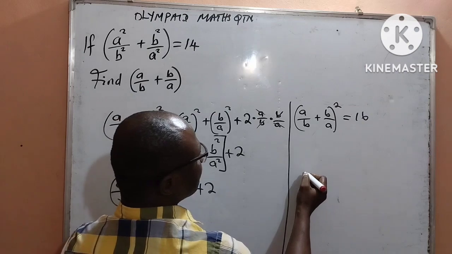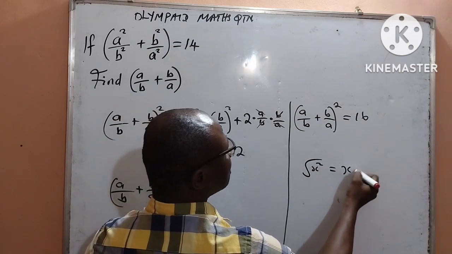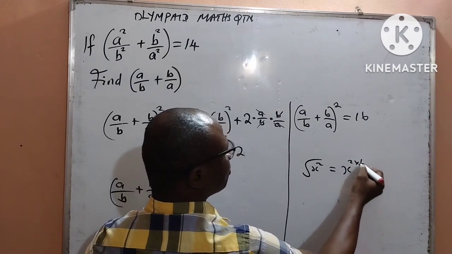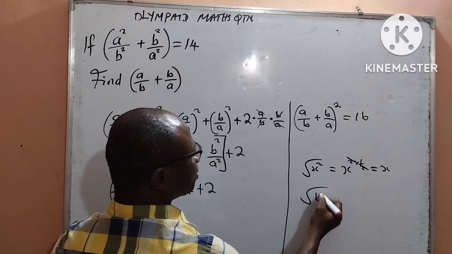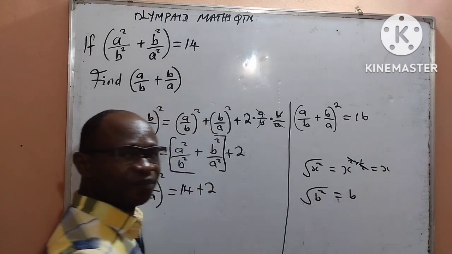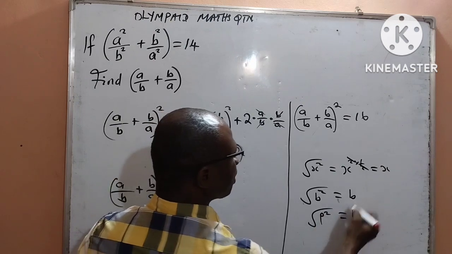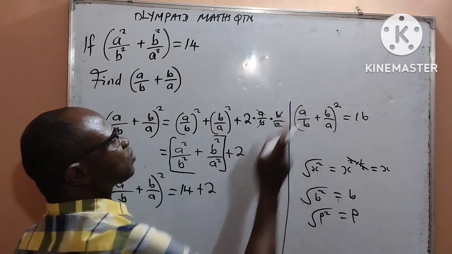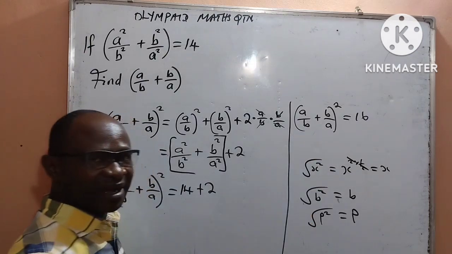And remember that the square root of x squared is simply equal to x raised to the power 2 multiplied by 1 over 2, which will simply give us x. That implies that the square root of b squared is equal to b. Okay? That means that the square root of p squared is equal to p. Therefore, if I take the square root of the left hand side, what I will have exactly is what is inside the bracket.